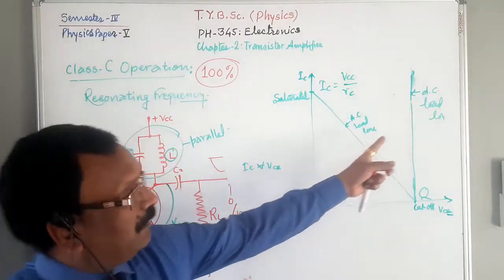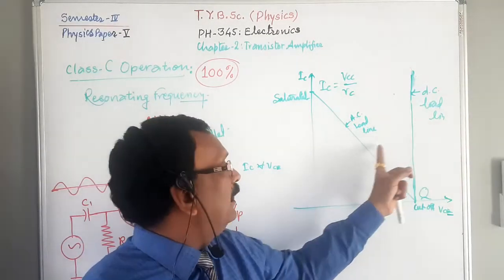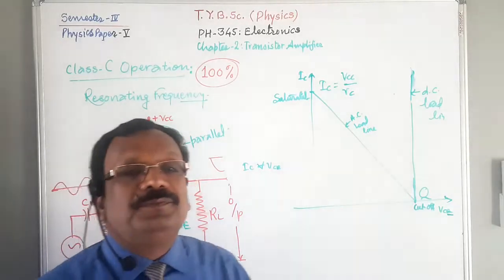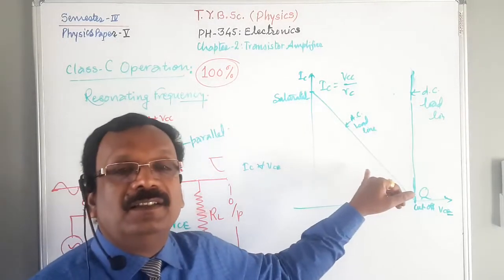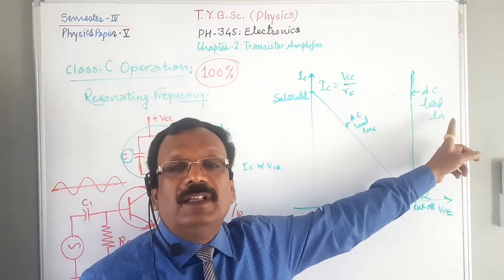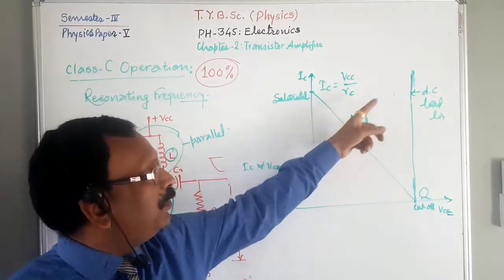Okay, there are two lines. This is the DC load line and this is the AC load line. How these load lines are drawn, I have told you. In this figure, there are two load lines, the AC load line and the DC load line. The DC load line is almost vertical.